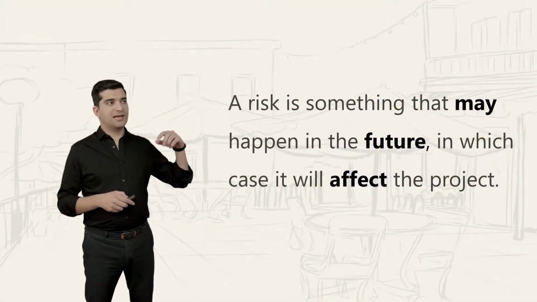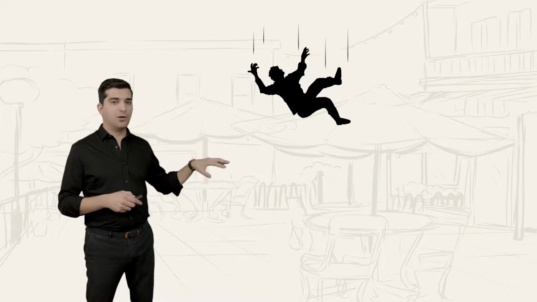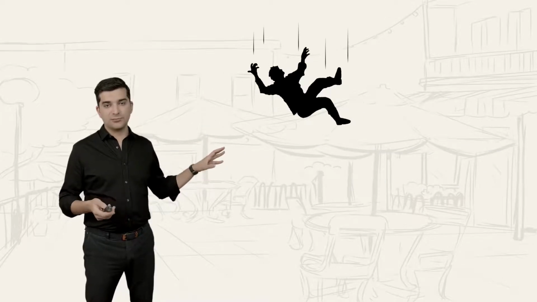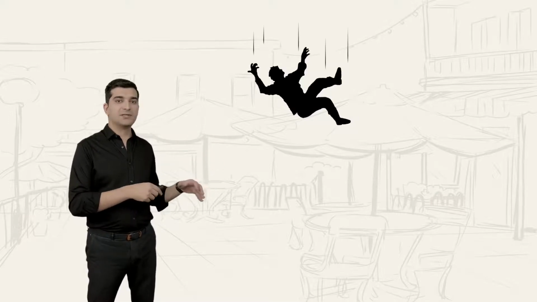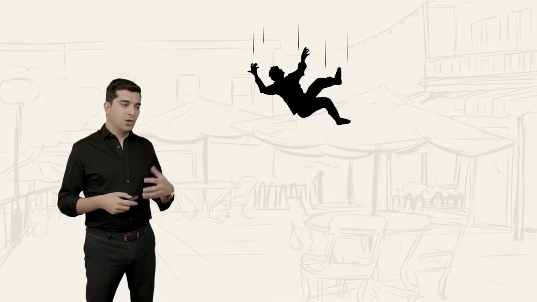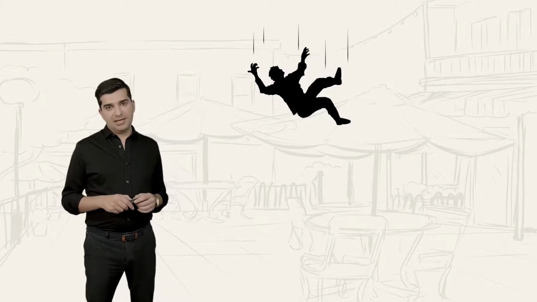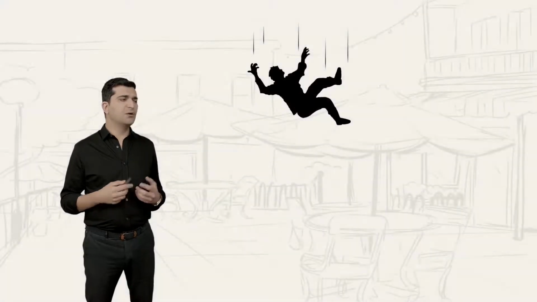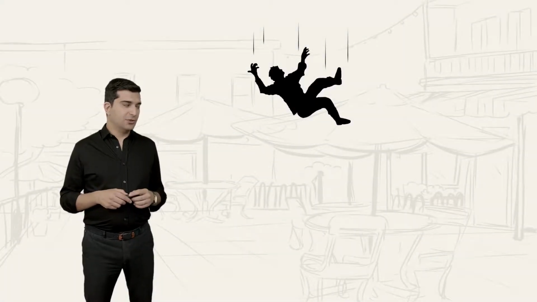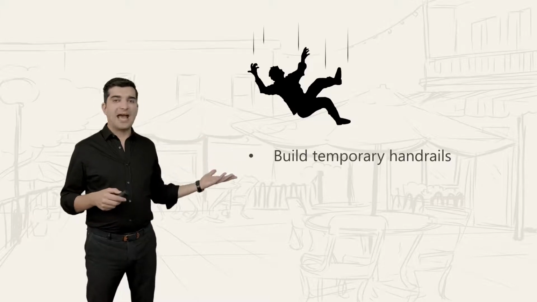Now, if you think about that person who can fall off the building, that's a risk because it's not for sure. It may happen. And if it happens, then it will impact us. What would you do to prevent that? How would you manage this risk? Some of the things that you may think about is to build temporary handrails.